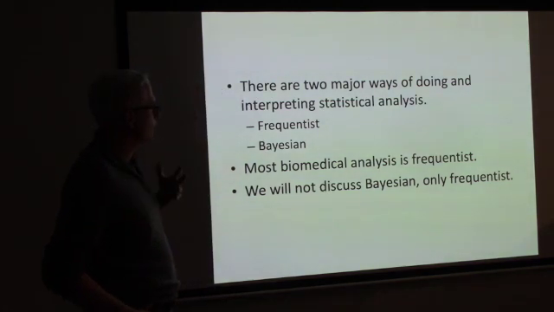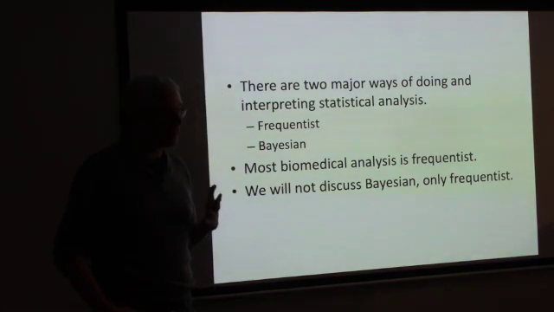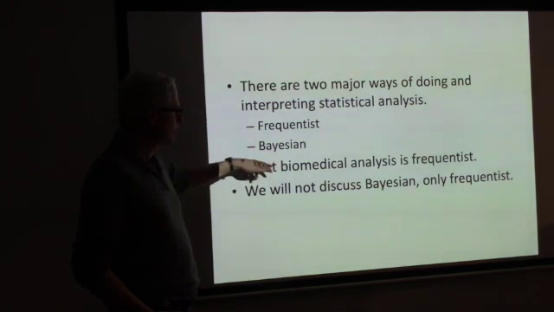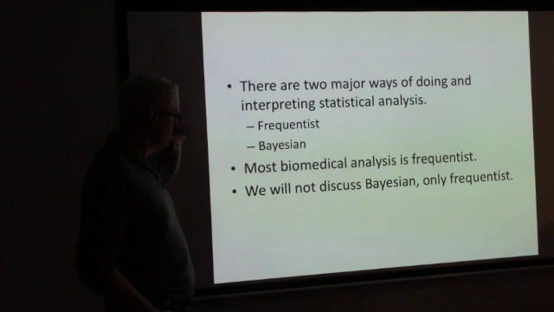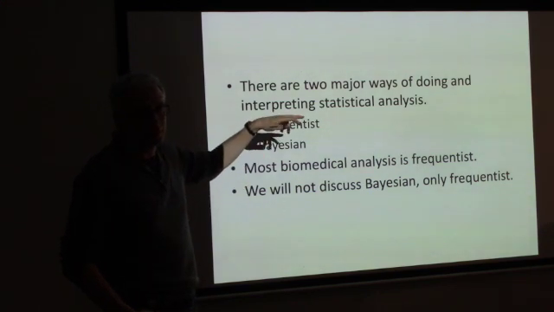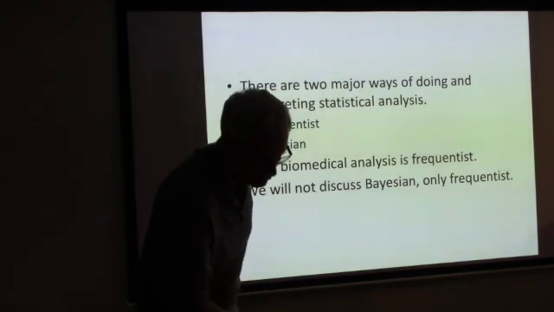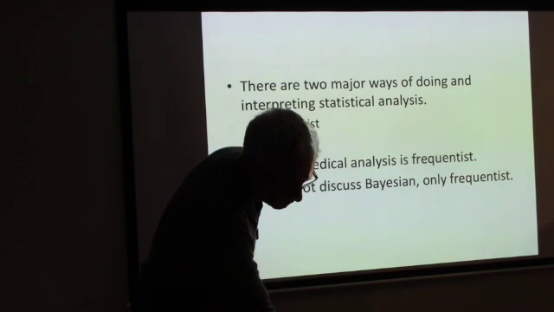There are two major ways of interpreting statistical analysis, frequentist and Bayesian. Most biological analysis is frequentist. So we're not going to discuss Bayesian. Everything I discuss is from a frequentist point of view, just in case you're familiar with those terms.